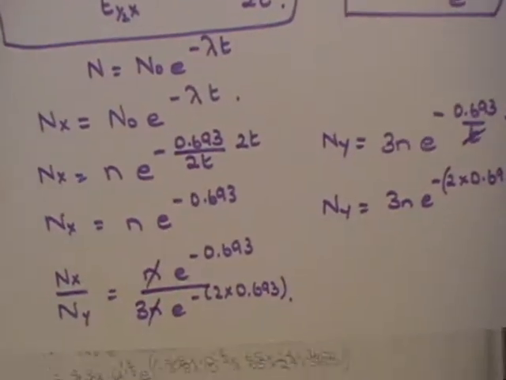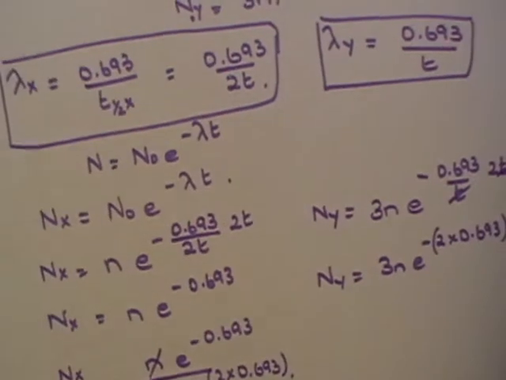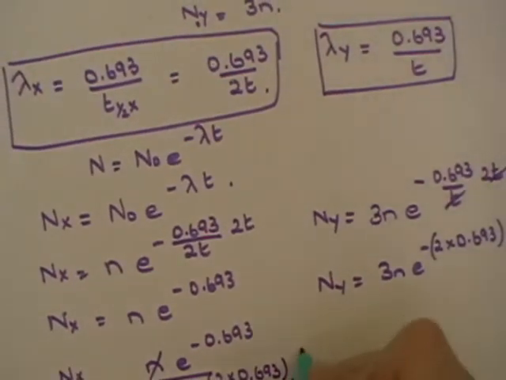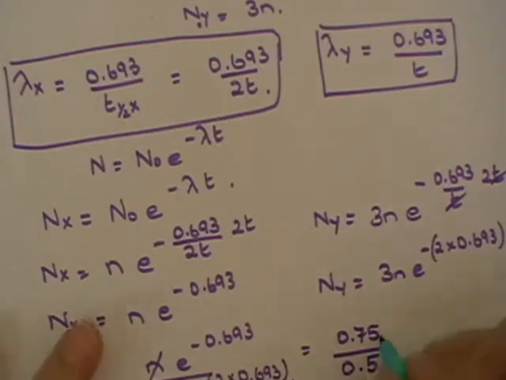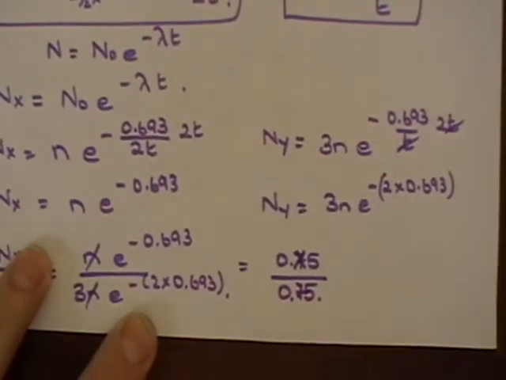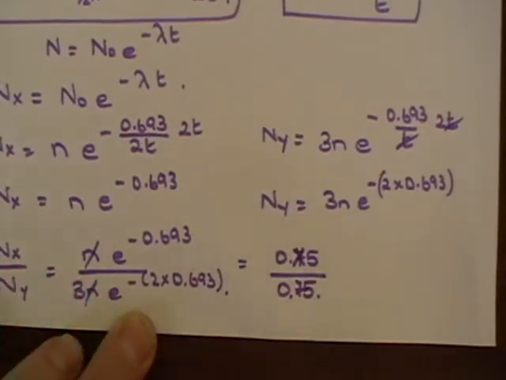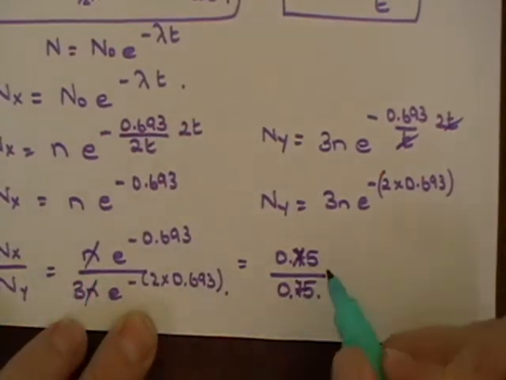And so we eventually come down to 0.75 divided by 0.5. Sorry, other way around. 0.5 over 0.75. And we're actually being asked for the ratio of Y to X, and so I need to turn that upside down.